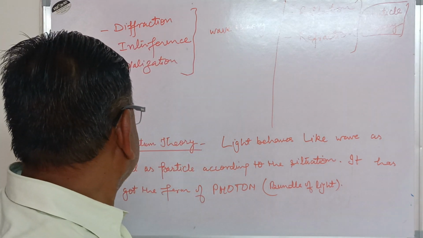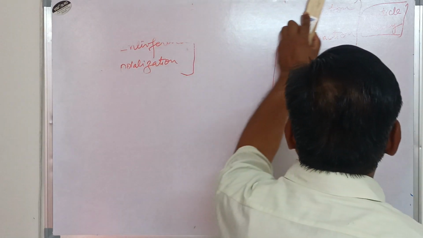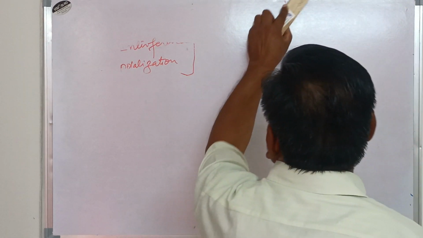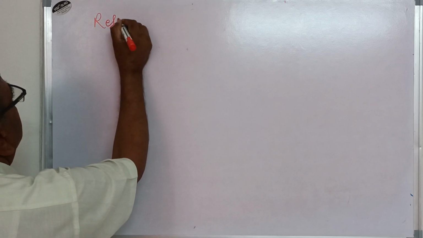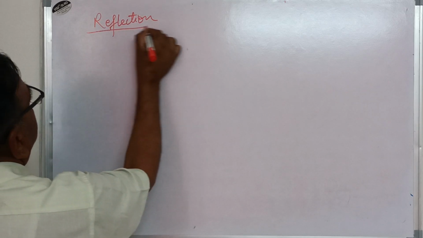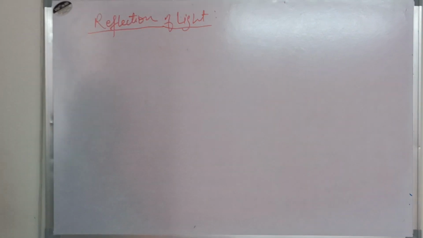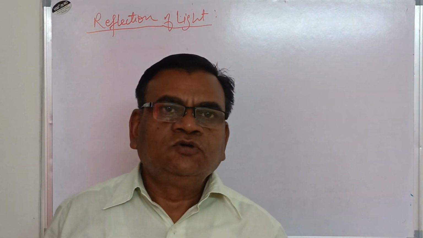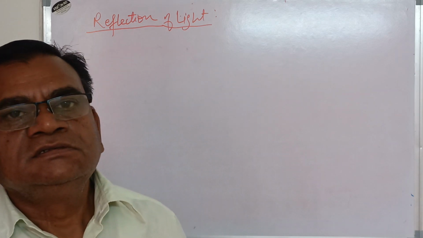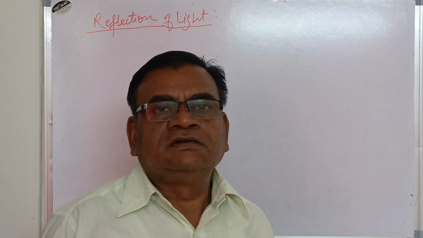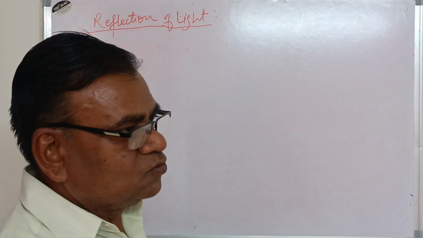What is reflection? The objects that don't have their own light are non-luminous objects. How do we see a scooter, a bus, a tree, the objects that don't have any light, like a table, chair, our room, walls of the room?